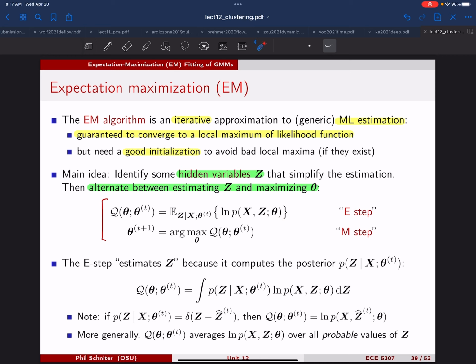So the simplest case would be where this density puts all its weight on exactly one value of z called z hat t. And in that case, all you're doing is replacing this with z hat t.